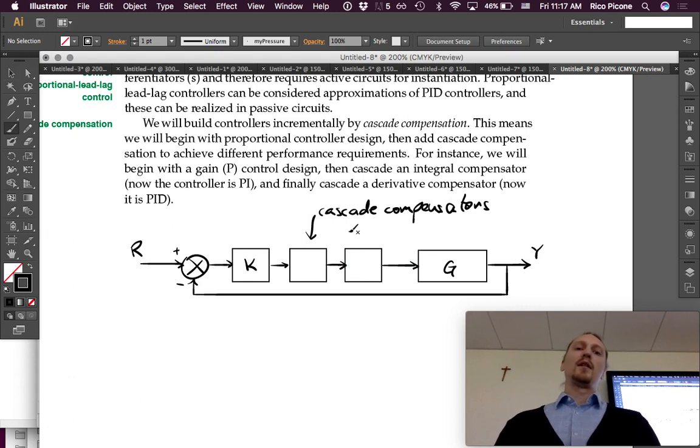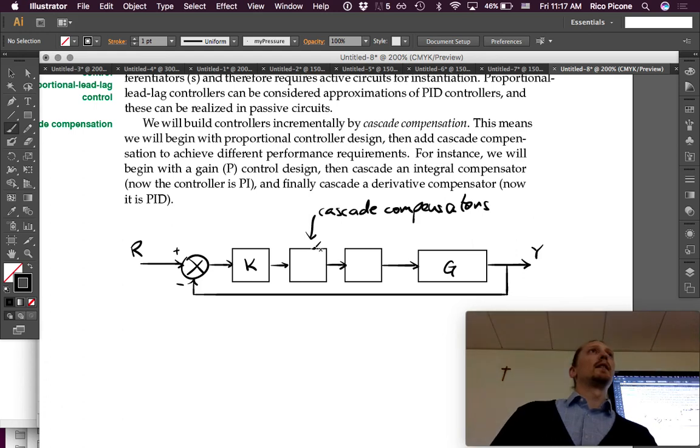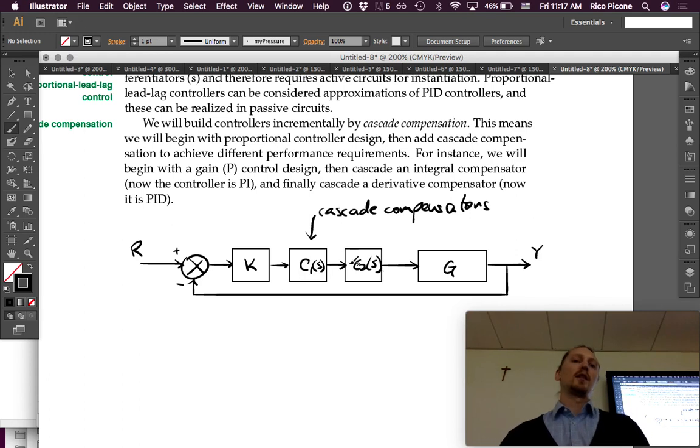But with other types of control like PI, PID, lag, lead, these are other transfer functions. So I'll just call them C1 of s and C2 of s. There are going to be some very special transfer functions we're going to put in there, that we design to make the system perform the way that we want.